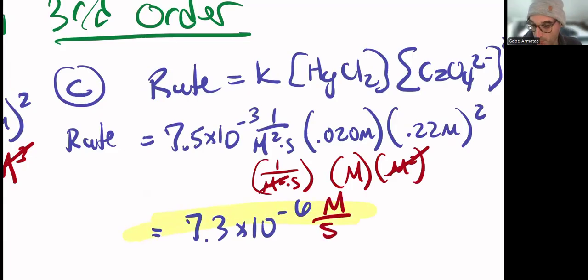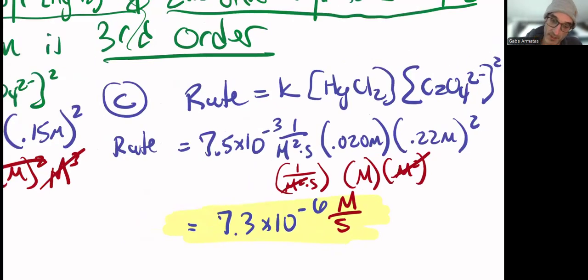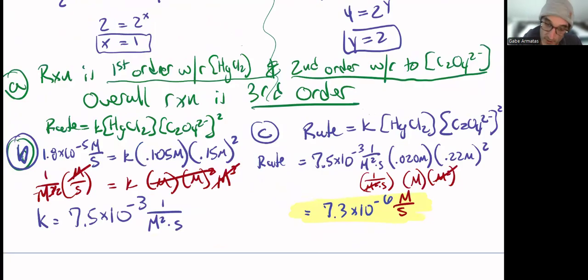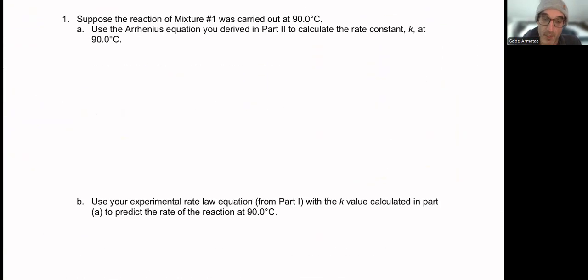A rate should be in molarity per second. There's the value of molarity per second. So those are those three solved. Let me highlight first order with respect to mercury, second order with respect to C2O4, and overall is third order. Perfect. All right, moving on to the last one.